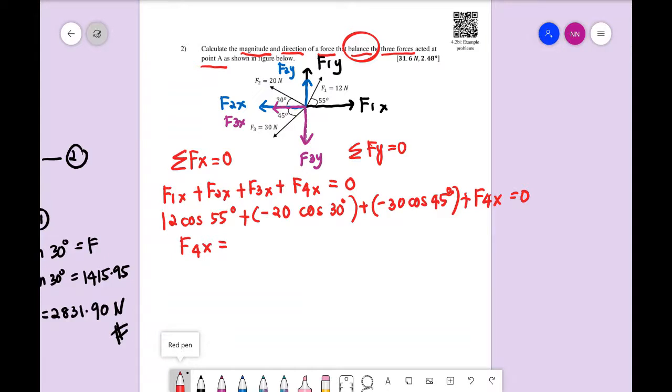So with F4x as the subject, it is equal to 31.65.